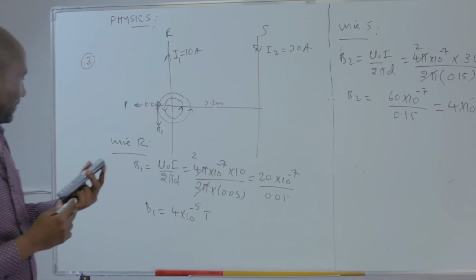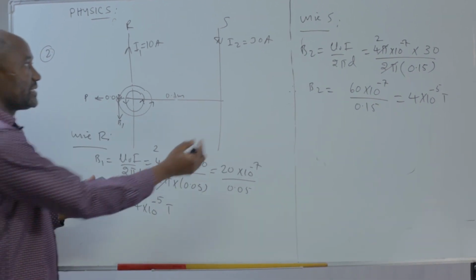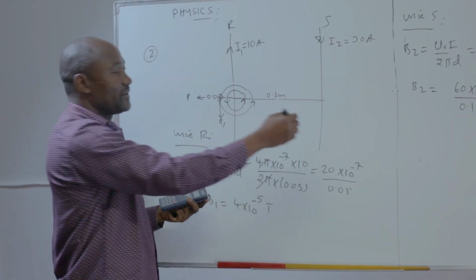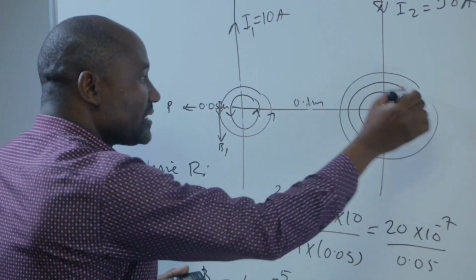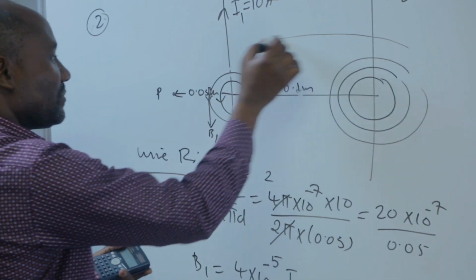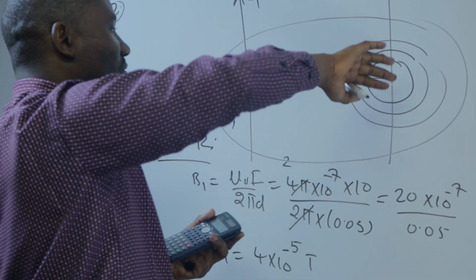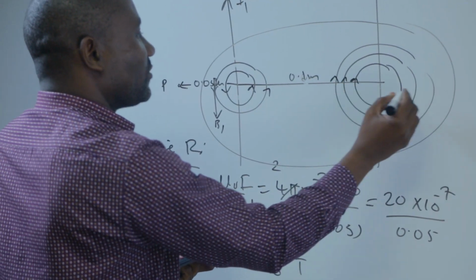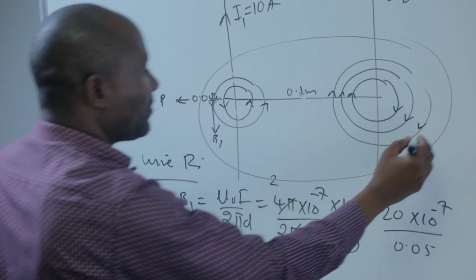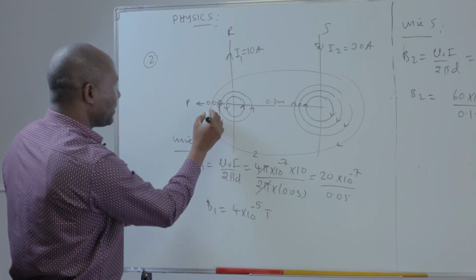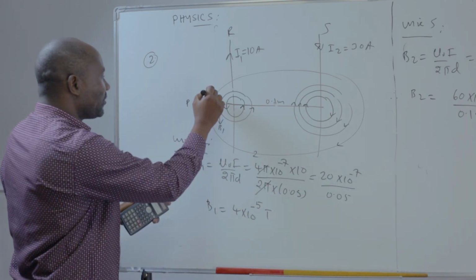The values are the same, 10 negative 5, but let's find the direction. Let's see how the lines of force for coil S are moving. If we bring one of the lines of forces on this side, we know the current is moving down, so this will be up like that. That's how they are supposed to be lining. So you can see the magnetic flux density for S will be pointing upward if you draw a tangent line.